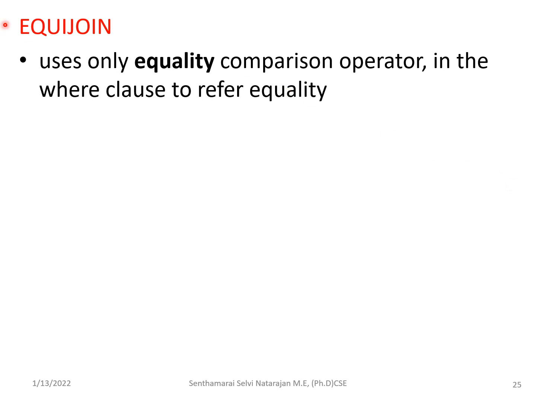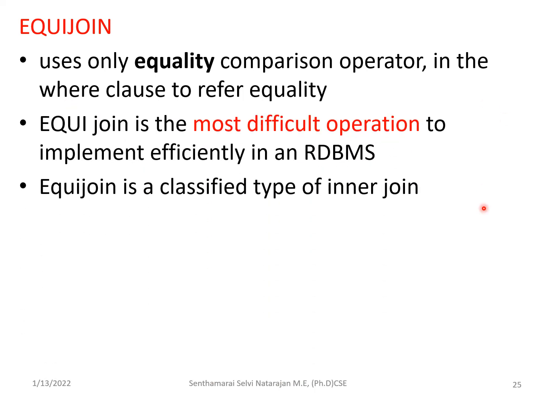You see here, equi means it will use the equality operator to refer to equality in the where clause. In the Cartesian product, we do not specify the where clause with a condition. Here we will use the where clause to specify the equality. Only equality can be checked here.